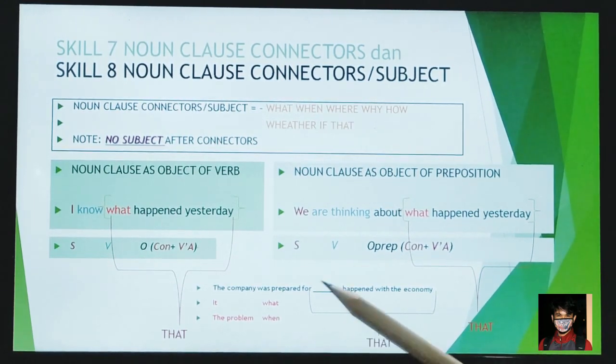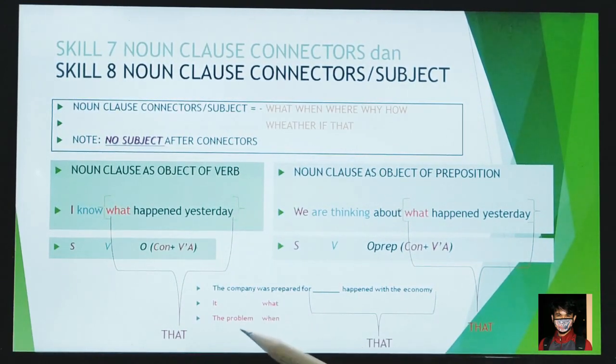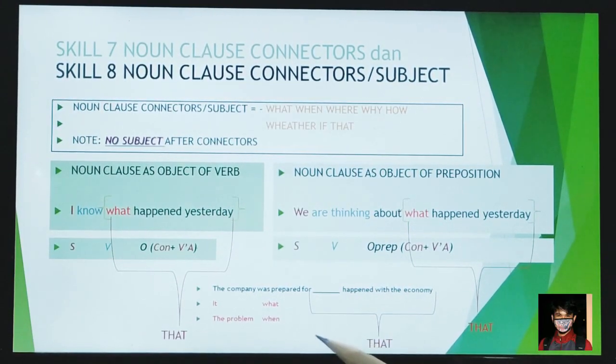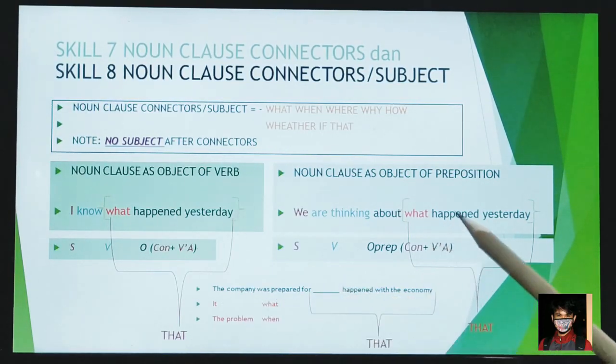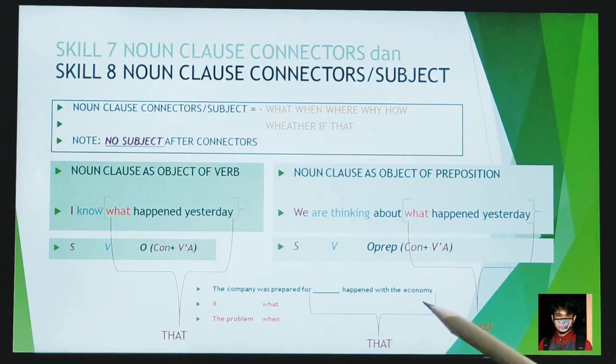But the question is, which one is the connector? Whether this or this. What about if we use what? The company was prepared for what happened with the company. The same thing as that one. To make it short: the company was prepared for that.